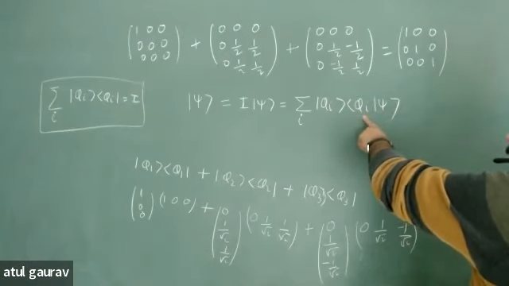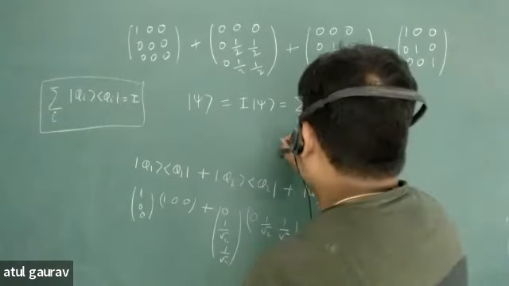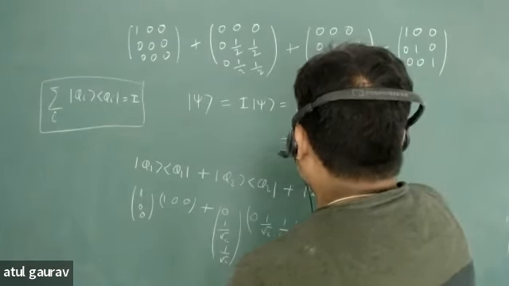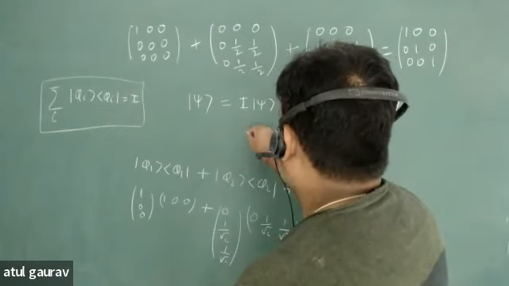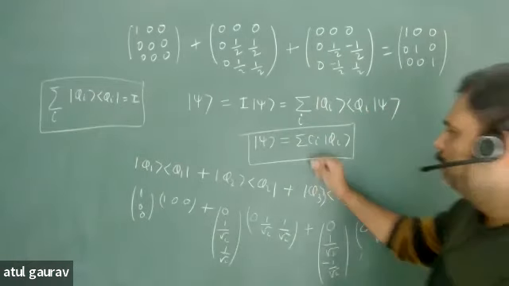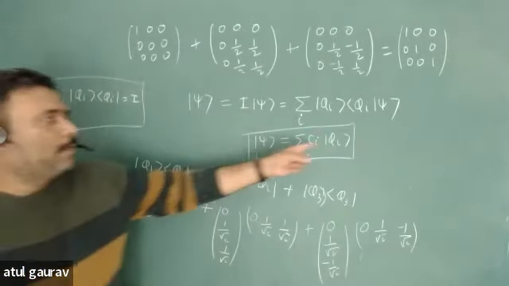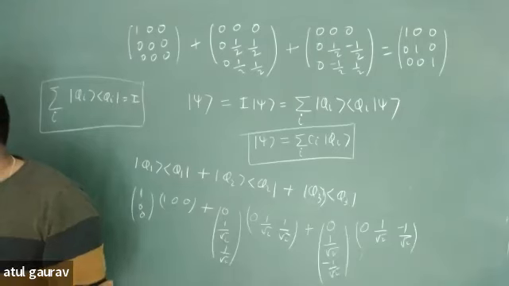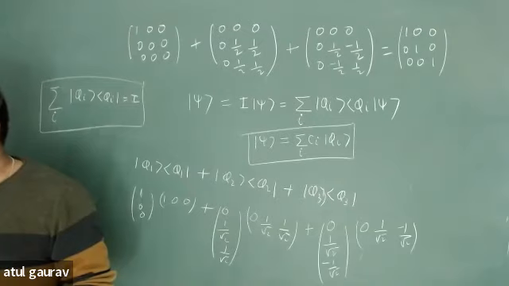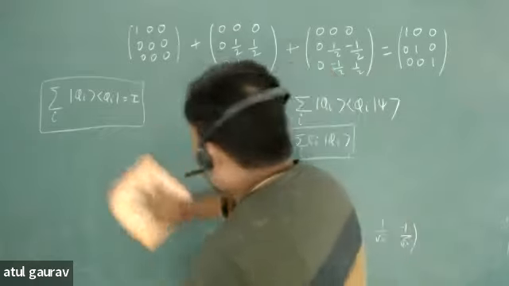And this will be some number, so can I write something like c i phi i? What you have done is you have written your psi in an orthonormal basis of phi i. Isn't it? You will remember the story from vectors. In vectors, this is what we used to do.